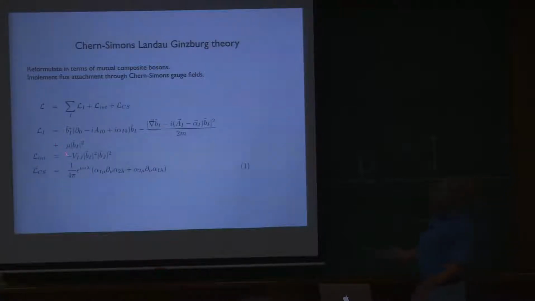Now, why does this work? If you take the equation of motion of, say, alpha i 0, varying with respect to alpha i 0 here gives me B i star B i, so it's the number of these i particles. Varying with respect to alpha i 0 here gives you the flux of alpha 2 divided by 2 pi.